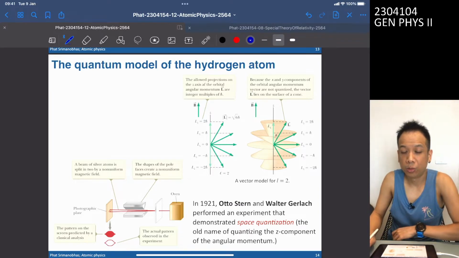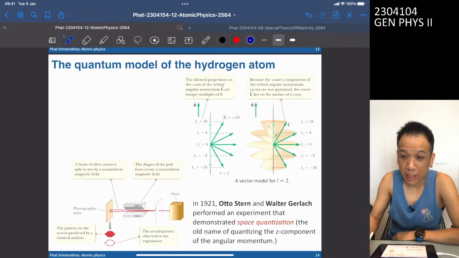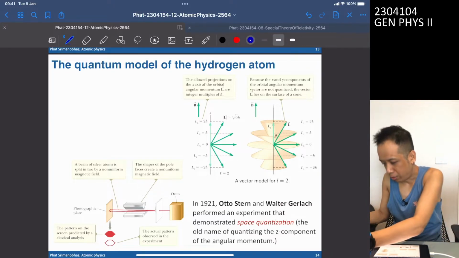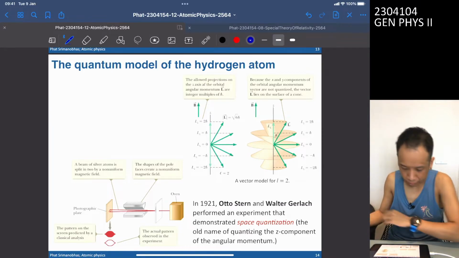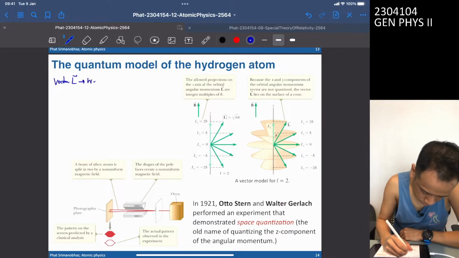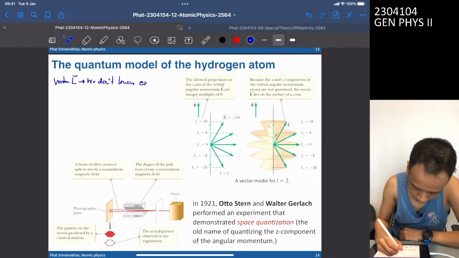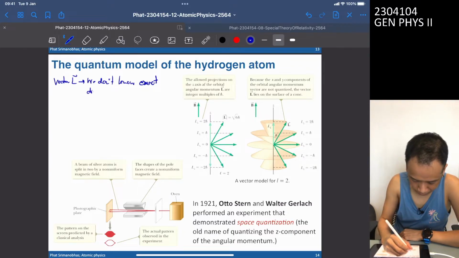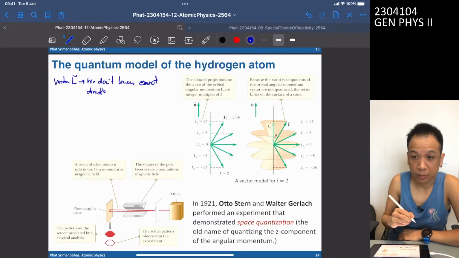However, it's important to note that we don't really know the exact direction of the vector L. This comes from the uncertainty principle.